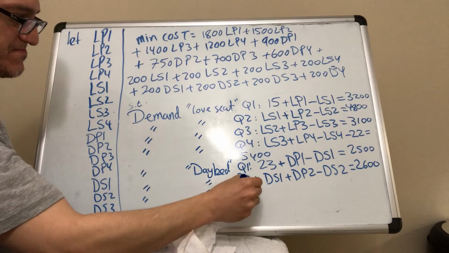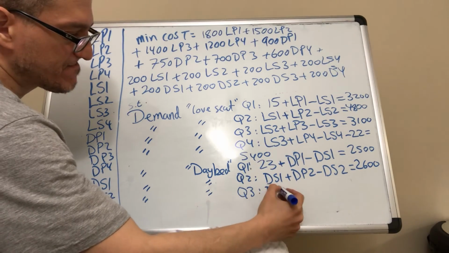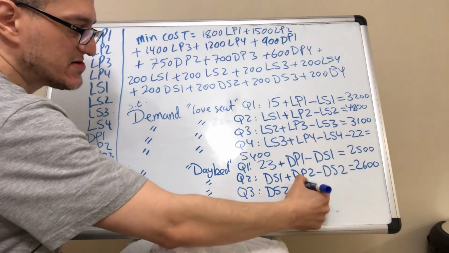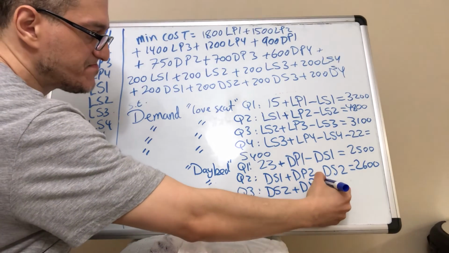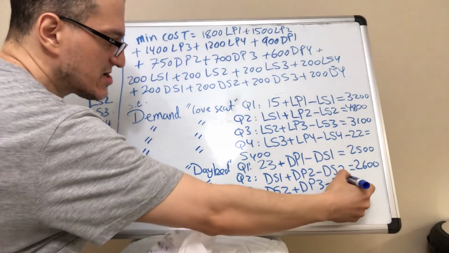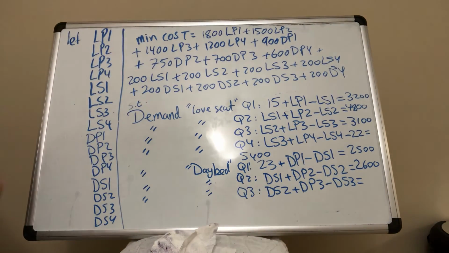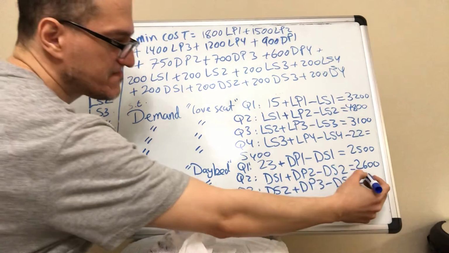Q3. You have some stored from the previous, you can add production, store some, and that must satisfy demand of this quarter, and that's 2,400.